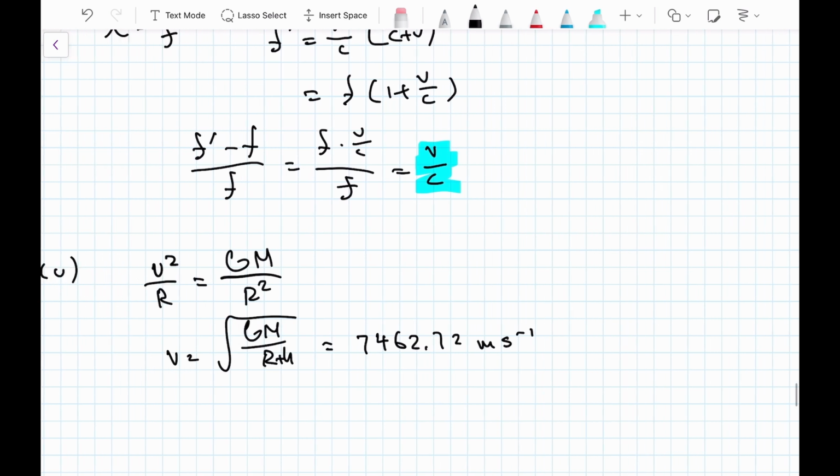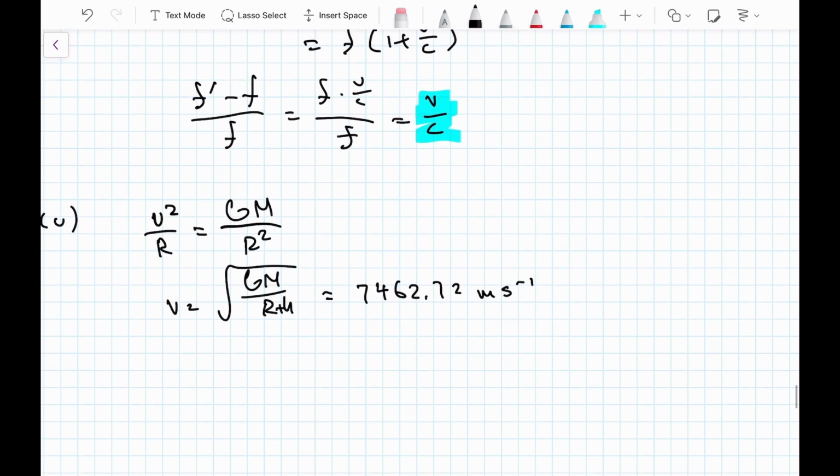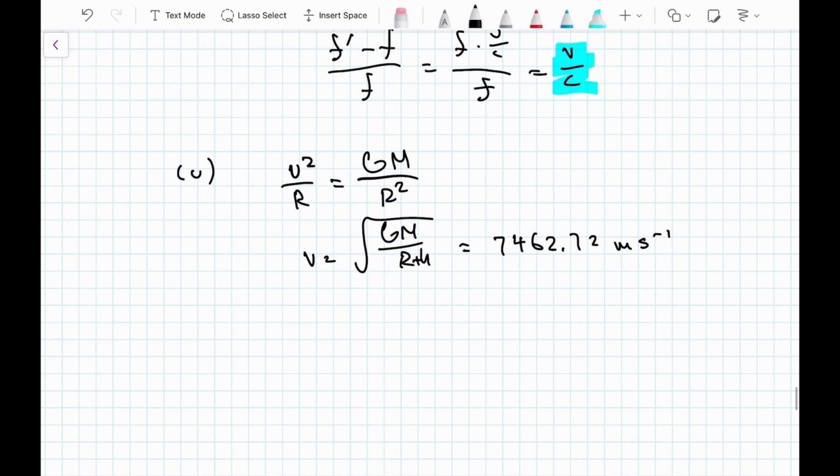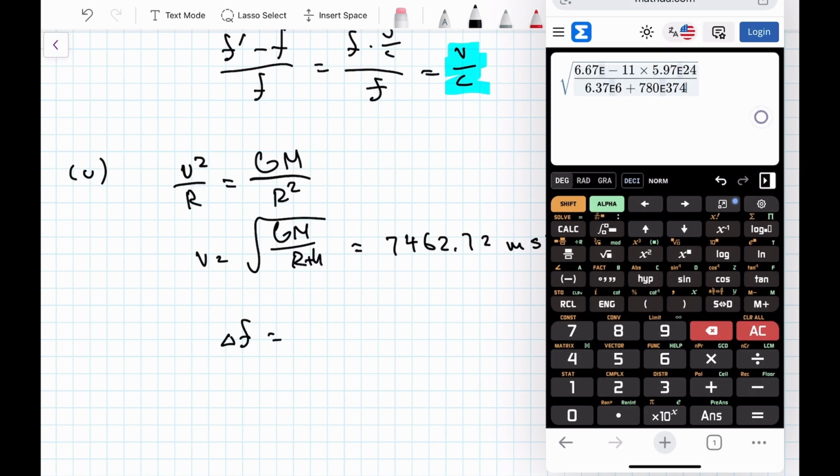And utilizing this, we can get the fractional change in frequency. So the fractional change in frequency is just 6462.72 divided by 3 times 10 to the power of 8, and that is 2.49 times 10 to the minus 5.